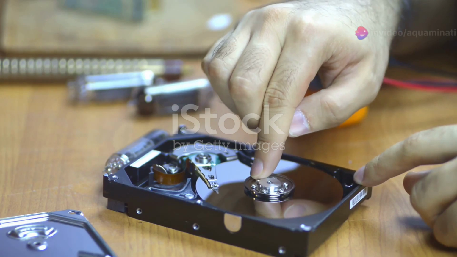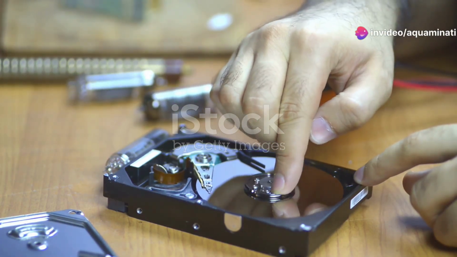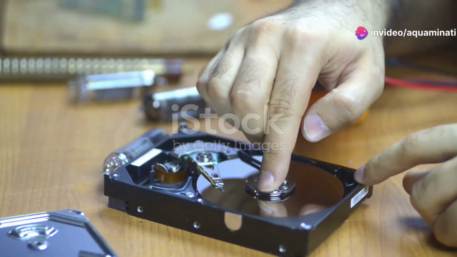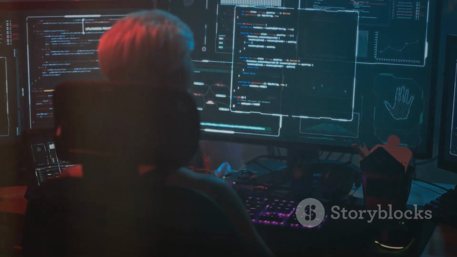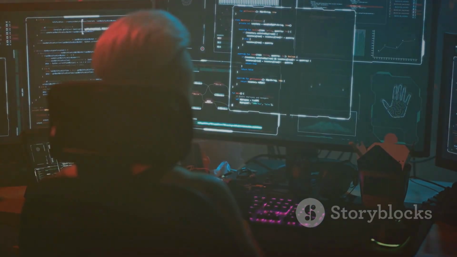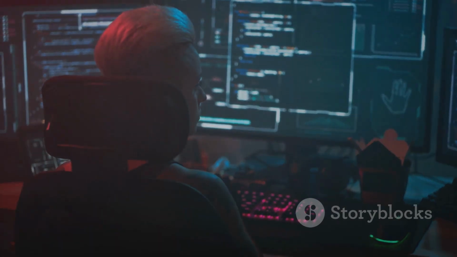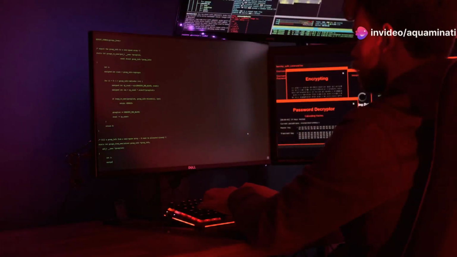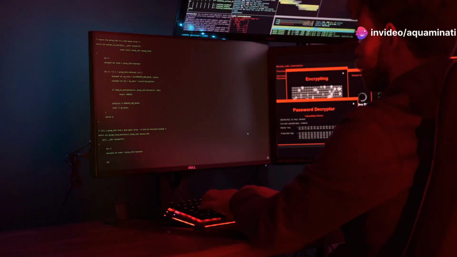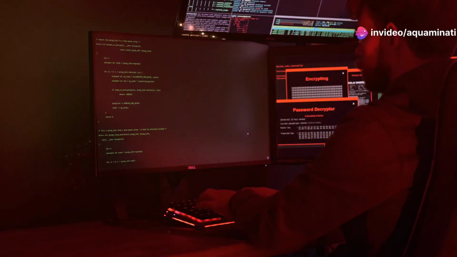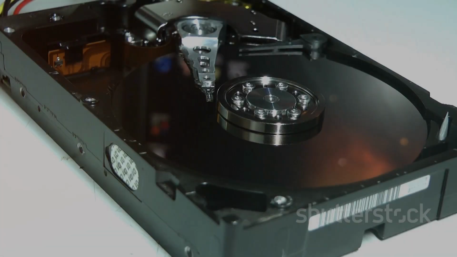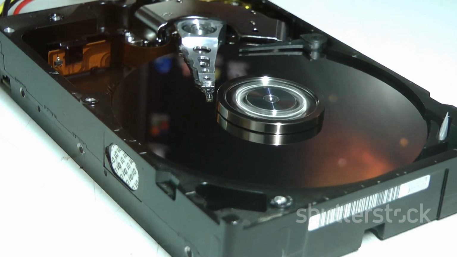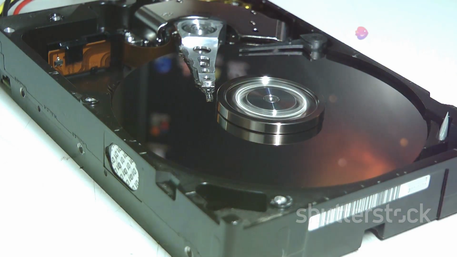This is because deleting a file doesn't actually erase the data from the storage device.